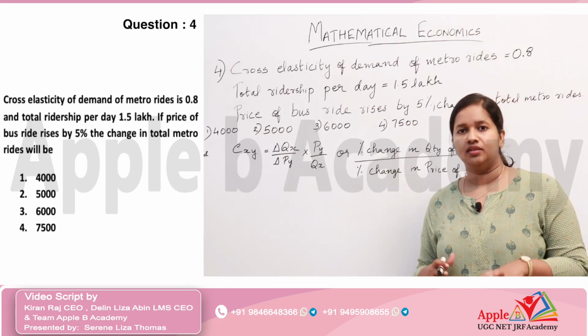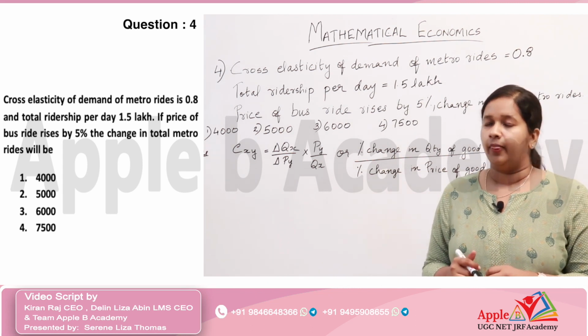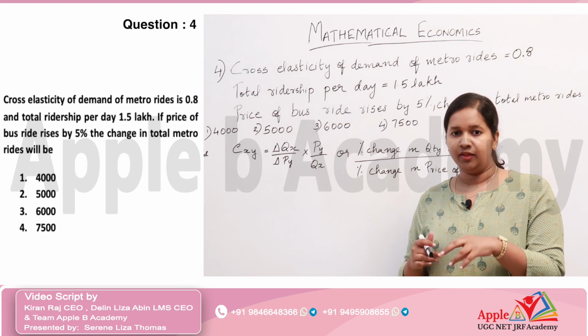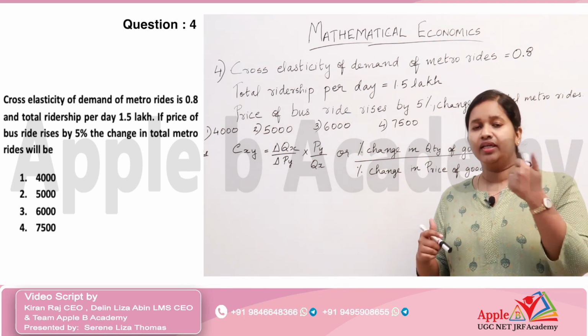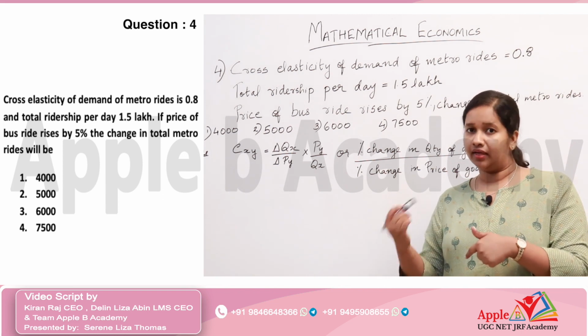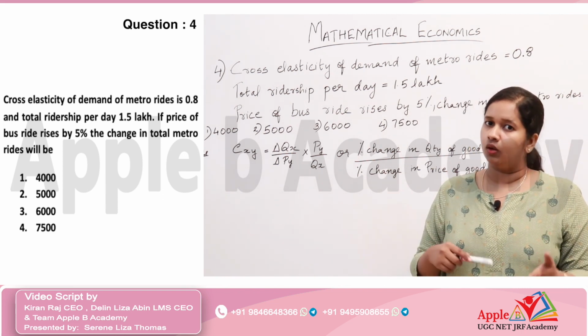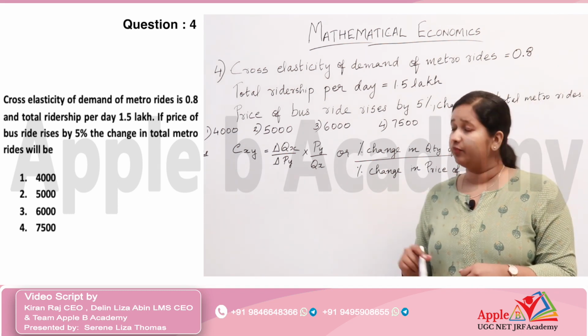The next question is regarding cross price elasticity. We know that cross elasticity connects the demand for a good and the price of another good. These two goods can be either substitutes or complements. So the question goes like this.